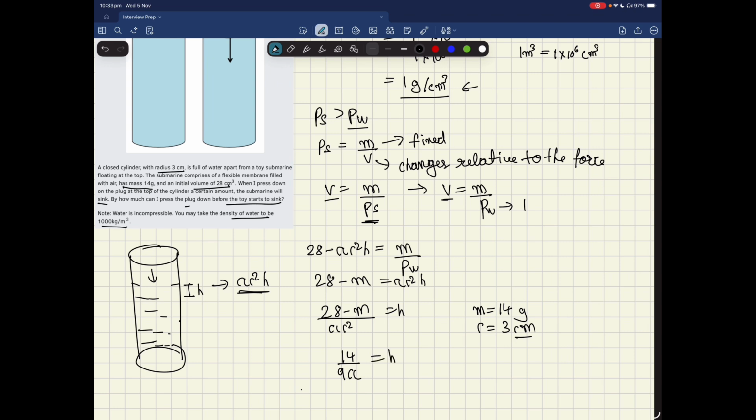And if I do this on my calculator, 14 divided by 9 pi, it gives us a height of 0.495 something centimeters, or approximately 0.5 centimeters, or 0.50 to 2 significant figures.